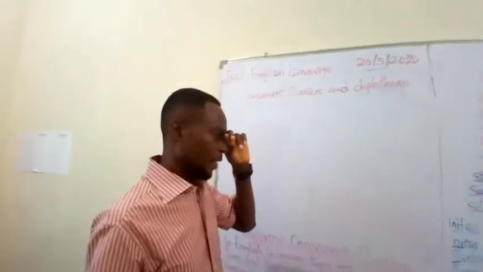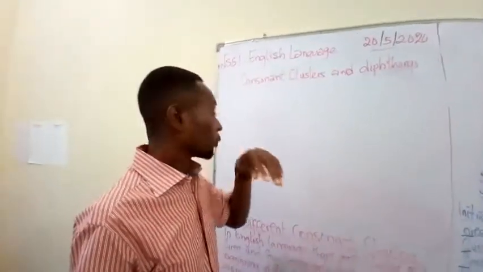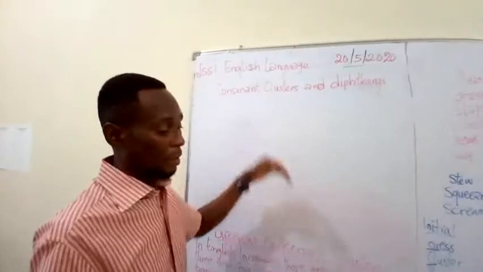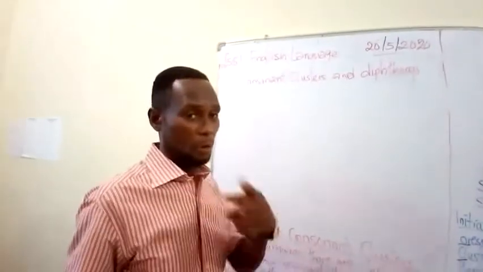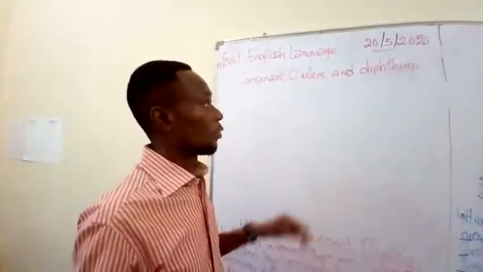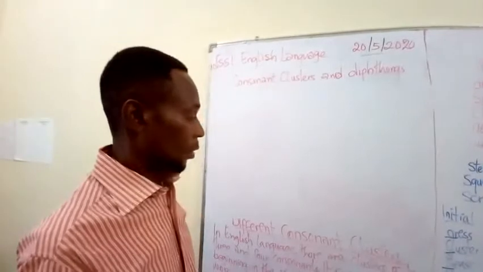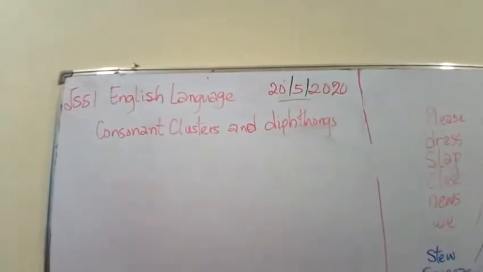We call it diphthongs. So we're going to look at 5 diphthongs now. I told you earlier, 5. Actually, we have 8 diphthongs in English language. I don't know about your language, but in English language we have 8 diphthongs. So we're going to look at those 5 diphthongs now. This first one.